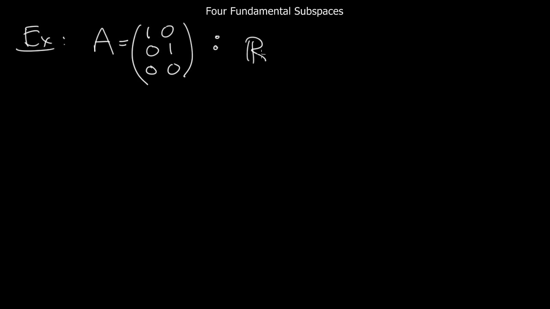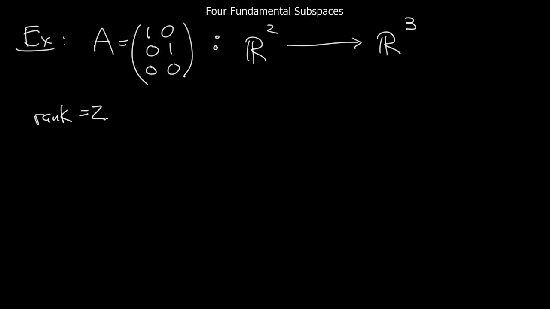All right, so let's look at another example. Let's take A to be the following matrix, a simple example. Let's take the 3 by 2 matrix, which has a little identity sitting in it. This is a map from R2 to R3. Let's see, what does it do? Well, its rank is equal to 2.